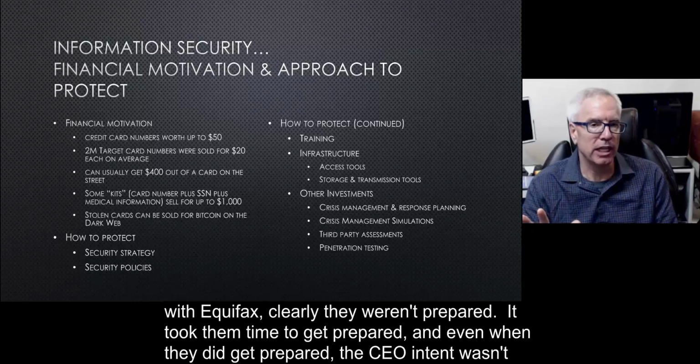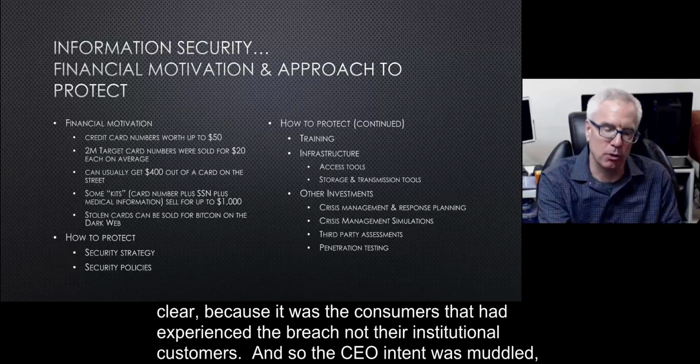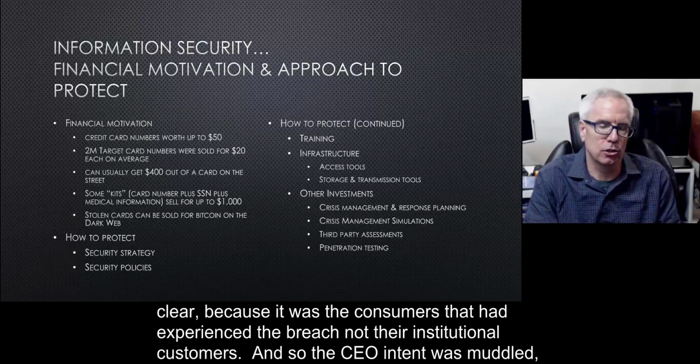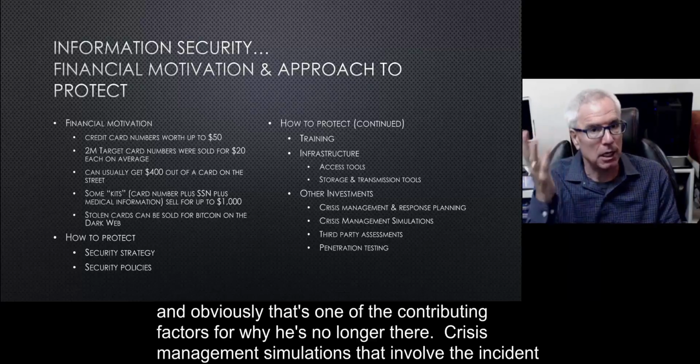It took them time to get prepared, and even when they did get prepared, the CEO intent wasn't clear because it was the consumers that had experienced the breach, not their institutional customers. And so the CEO intent was muddled, and obviously that's one of the contributing factors for why he's no longer there.